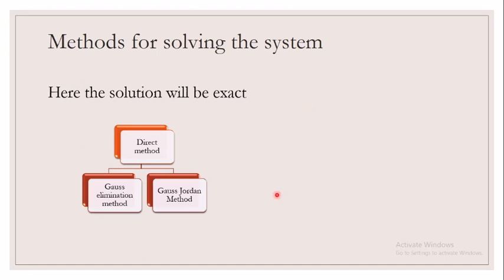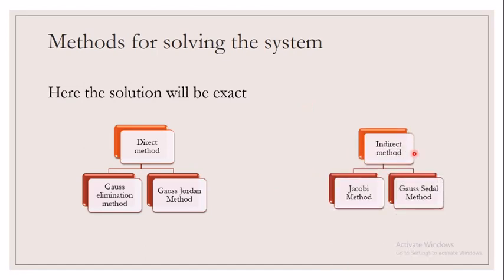There is another section called the indirect method, and in the indirect method we will be studying the Jacobi method and the Gauss-Seidel method, and here the solution that we get is approximate. So that is the difference between the direct method and the indirect method, and these are the methods that we will be studying in this particular module.